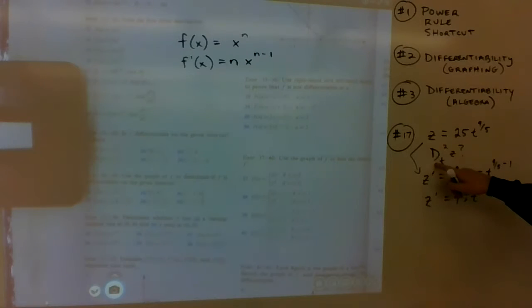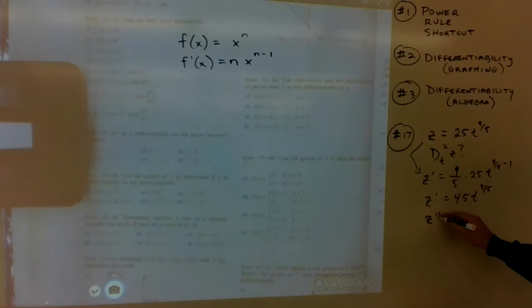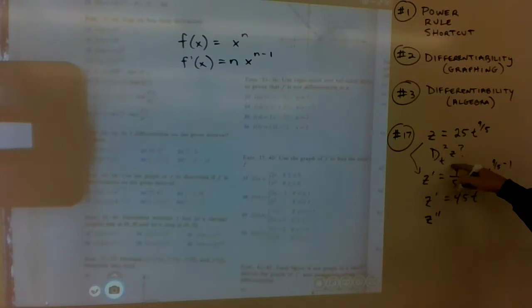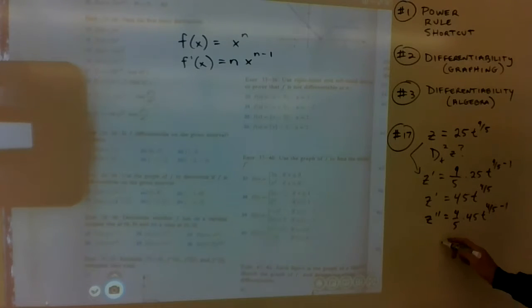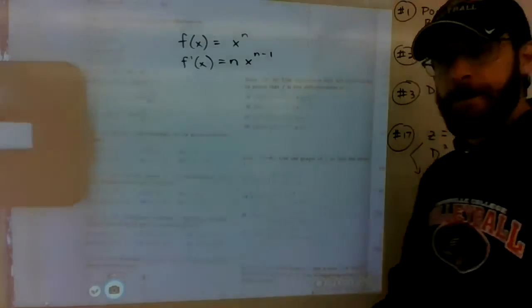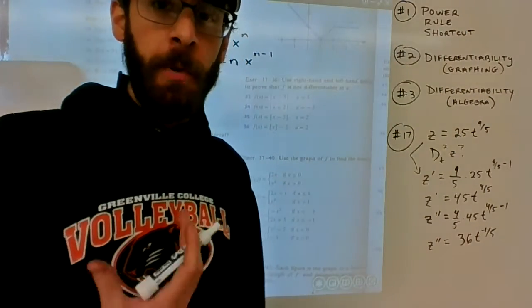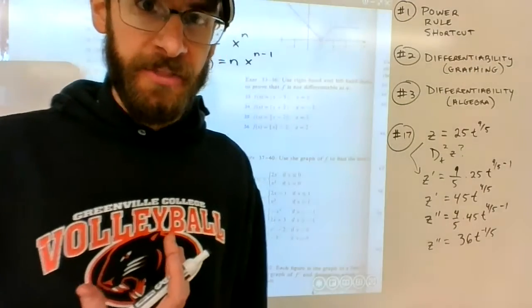So d squared z with a little t subscript right here is just the same as z prime. These two are the same exact thing. Bring the 4/5 down and multiply. And subtract 1 from 4/5. So you're going to get 36t to the negative 1/5 power. Yeah. And let's just get in a habit of writing with positive exponents as much as we can at the very end with the final answer.